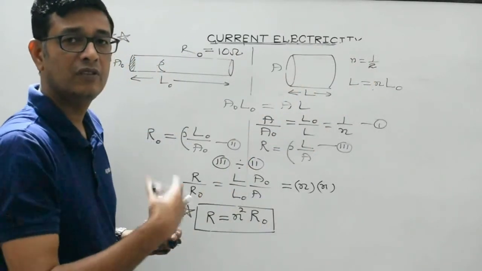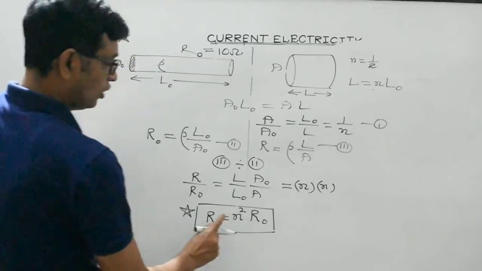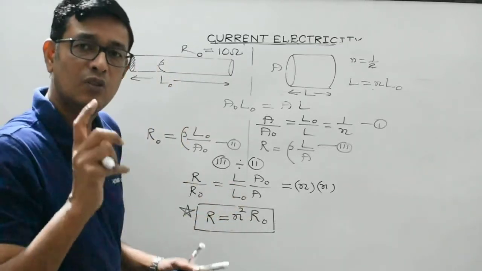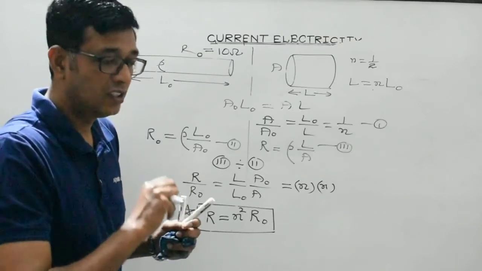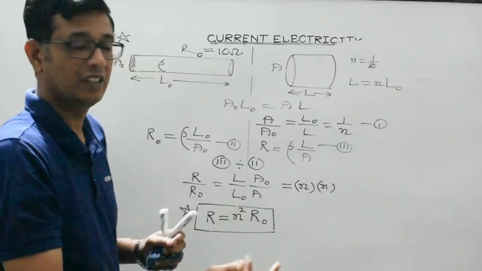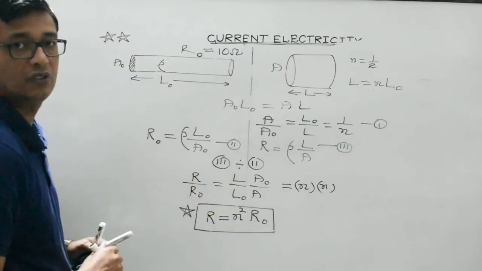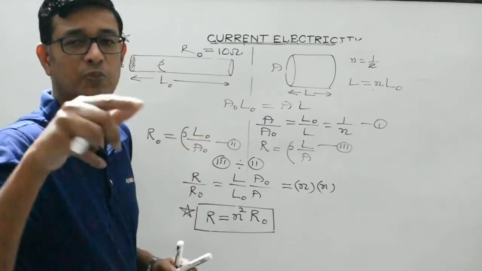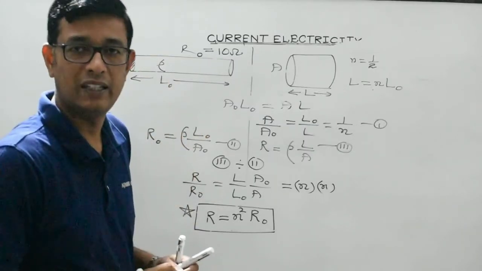So what will be the new resistance? Again the same formula is applicable here. This formula is applicable only when, with the increase or decrease in the length, the area also changes. Then this formula can be used, right? In case area remains constant, then simply R is directly proportional to the length of the conductor.